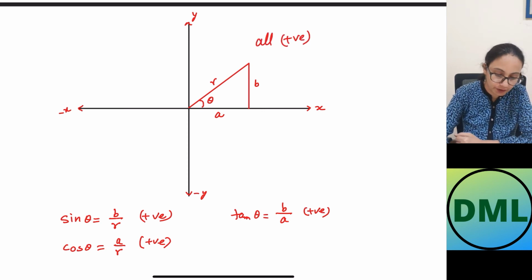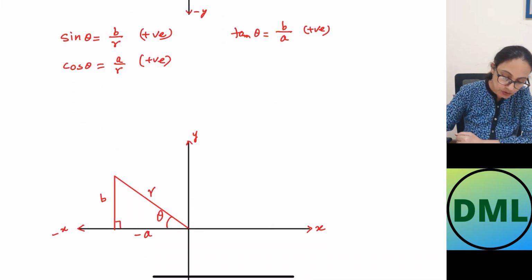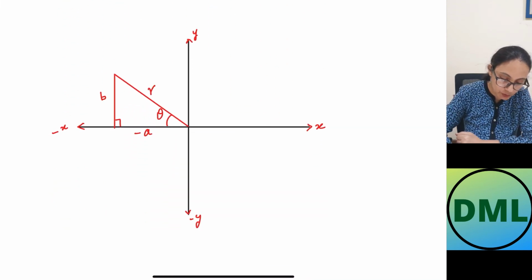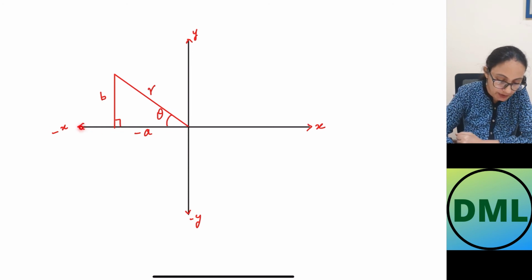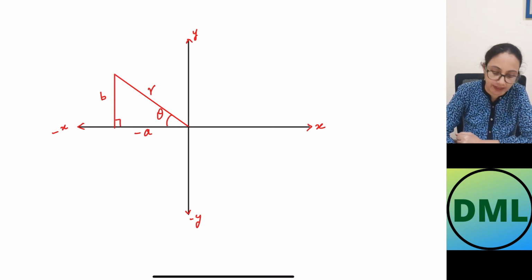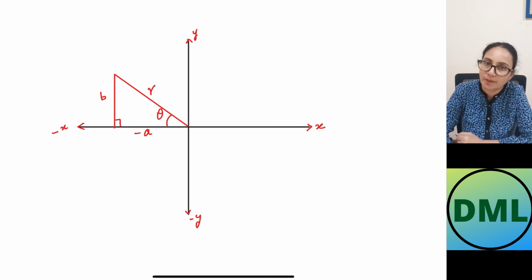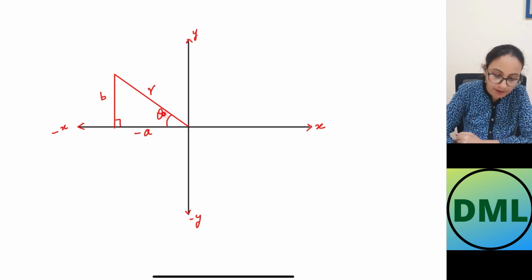Now I will look at the second quadrant. As you can see, here I drew the triangle in the second quadrant. Now here you are going in the negative direction of the x-axis, so it is minus A here. Here you are going in the positive direction of the y-axis, so this is B. And the hypotenuse R is always positive. And this is my angle theta.